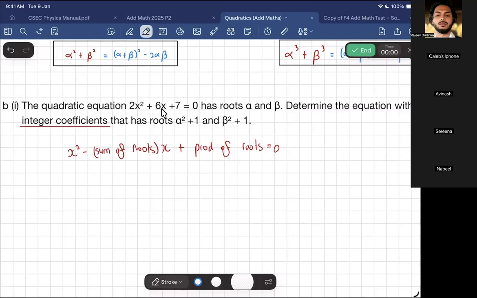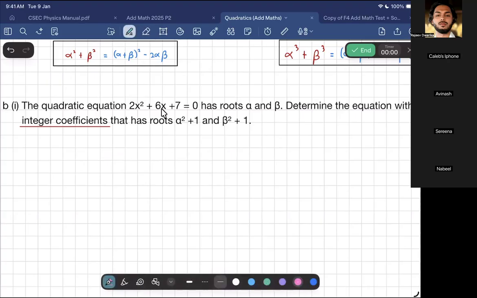Right, so Caleb, let's start, right? Caleb, you there? Yes, sir. Right. So Caleb, the first order of business, we need to find the original sum of the roots and the original product of the roots. So to do that, it's going to be alpha plus beta.